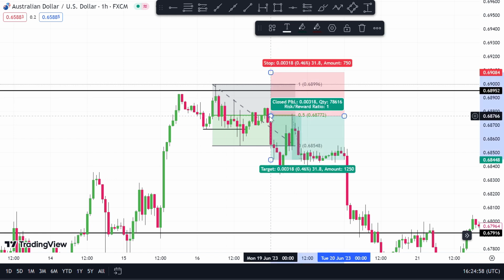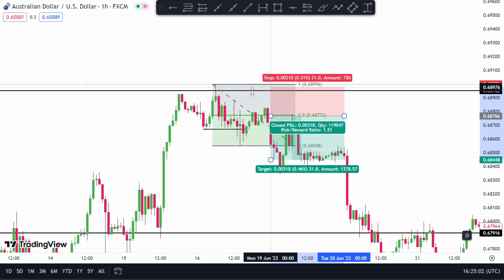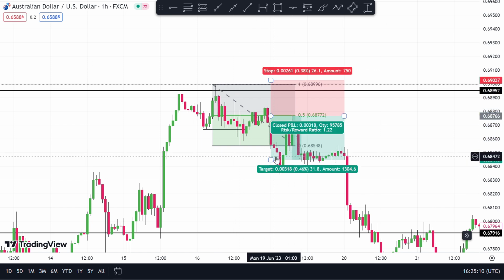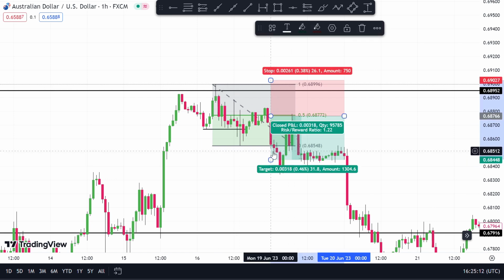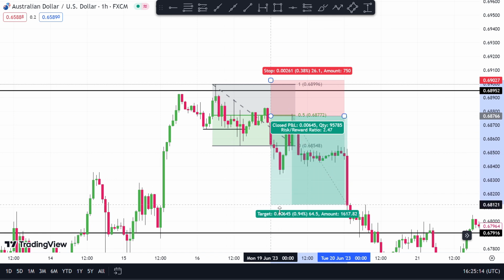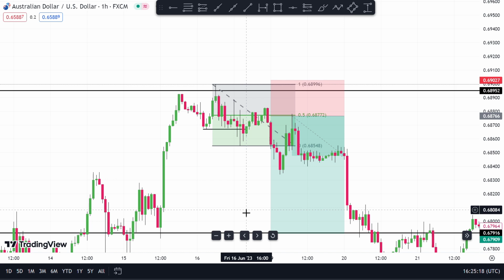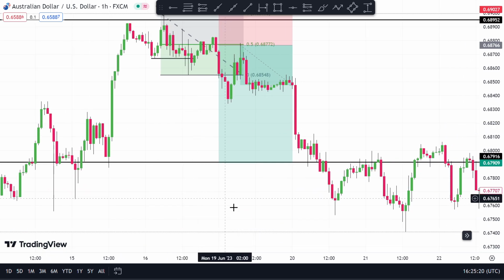Maybe you entered immediately as you see this big bearish candlestick, then your stop loss will be above this high at this point, then you take profits below this demand zone at this point. As you can see, a beautiful trade.